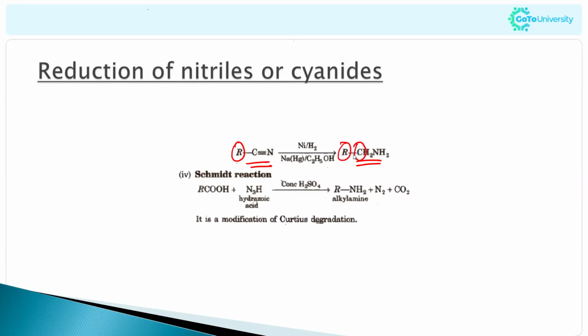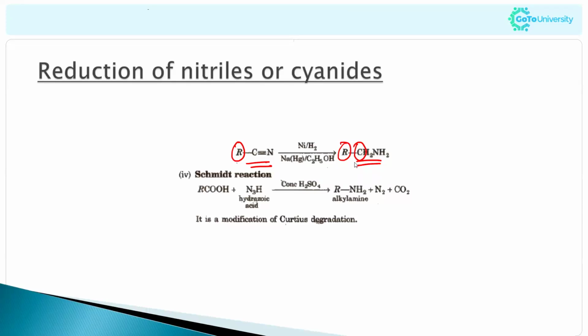So this is always producing an amine with one more carbon atom. That is the thing regarding this process. Means you can prepare amines with one more carbon atom than that of the reactant that you have taken.